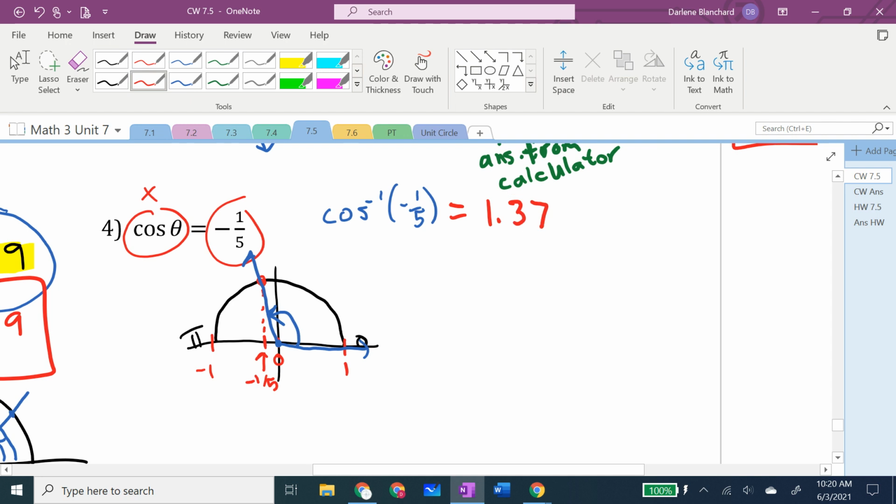But there is still an angle that my scientific calculator, anyway, will not find for me. And that is the second angle on a full circle that has that x coordinate. I want us to look at the symmetry here.